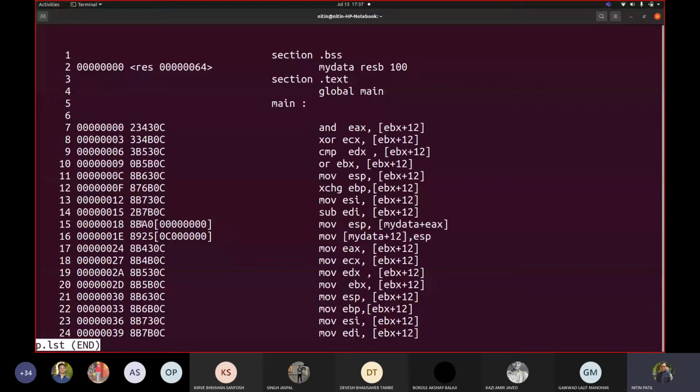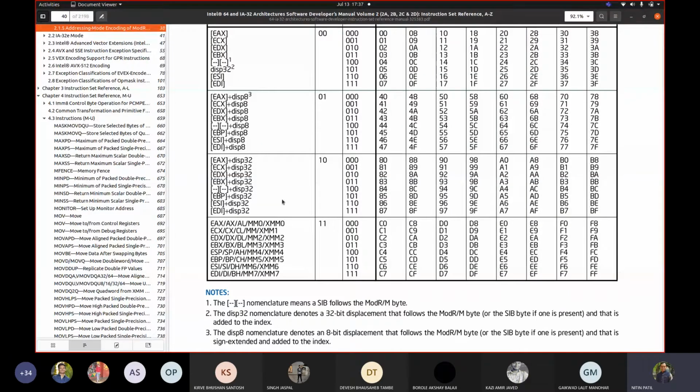If I pick this A0, where is A0 in this case? This is with mod. That means EX is involved there with the register, with the variable that was declared there, which is a 32-bit address. Displacement 32. It is a 32-bit value.